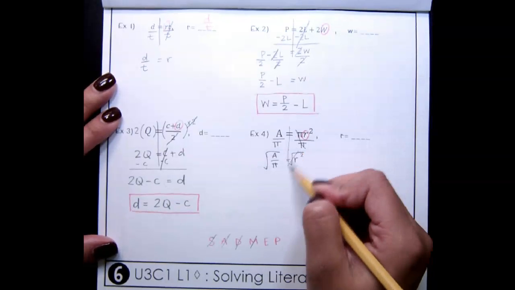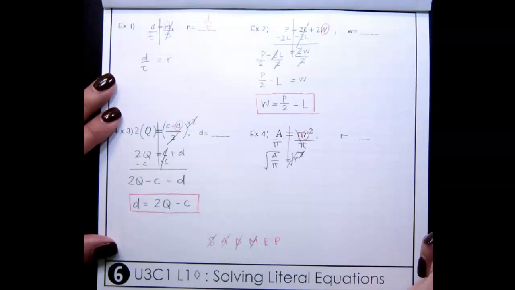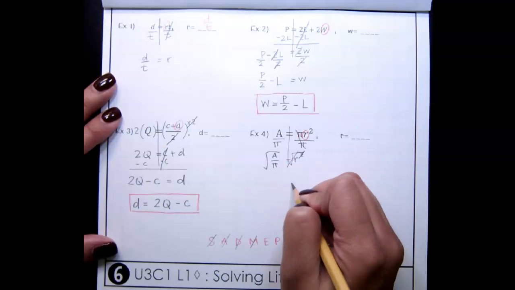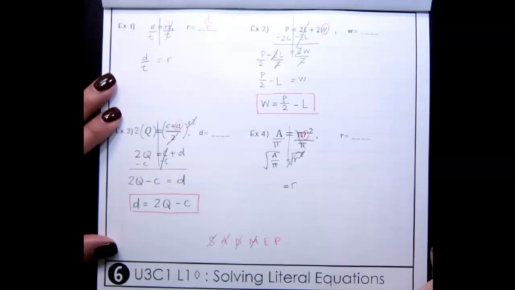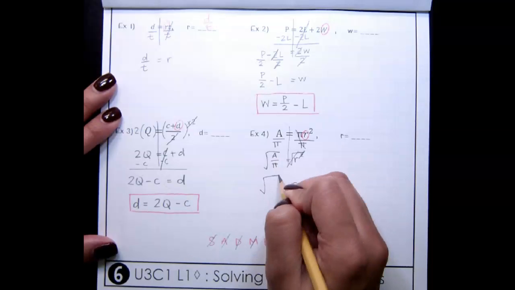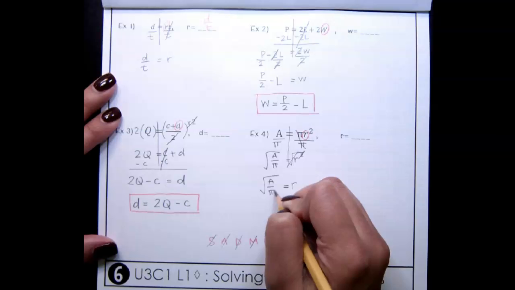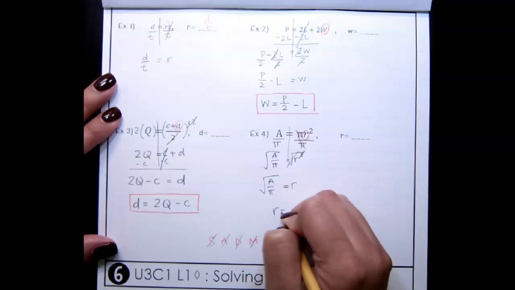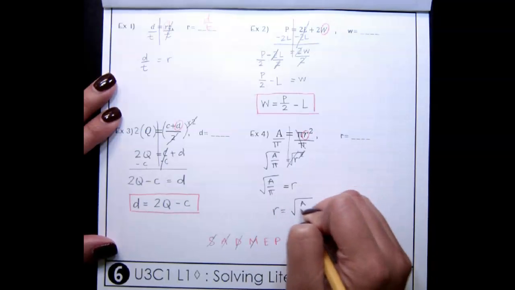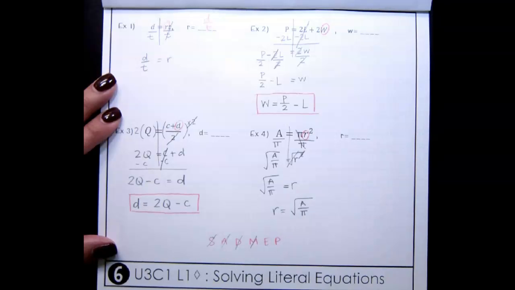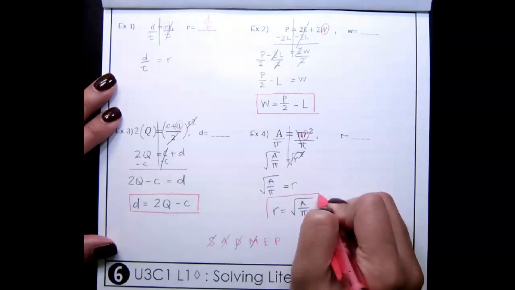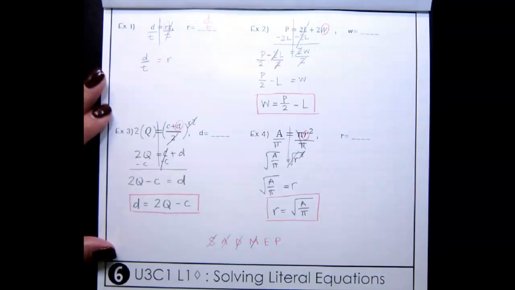So this square root cancels out that squared. So then I have r on the right, and that equals, this just stays exactly the way it is. If you want to rewrite it to put the variable first, you can. And then it just becomes r equals the square root of A over pi. And that is your answer.